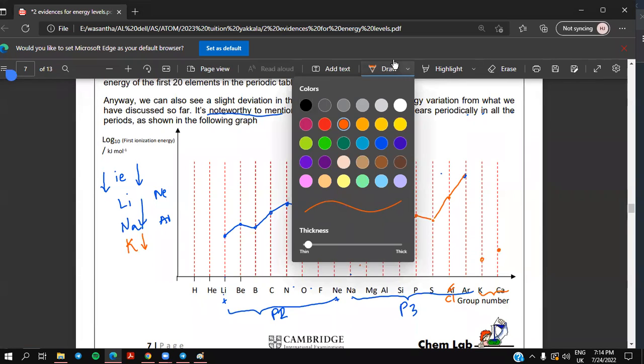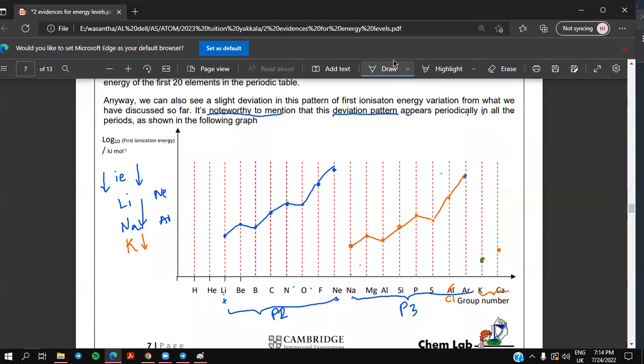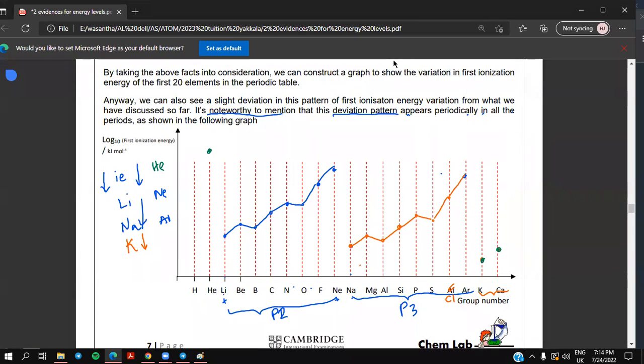Again, I can use a different color for this. Now I go backwards. Helium is above neon in the periodic table, so helium's first ionization energy should be greater than neon. So I will draw somewhere here for helium, and hydrogen is somewhere here.